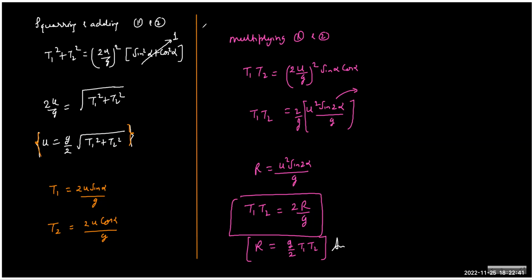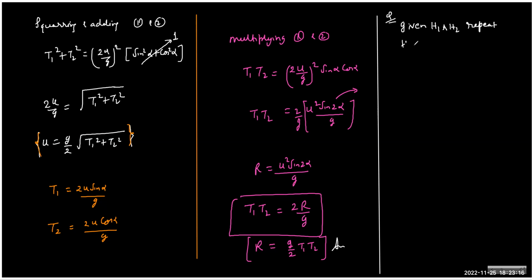I hope this is clear to all of you. If you have doubt, please do raise your hand. Yes, understood. So these are the manipulations which you have to figure out on your own most of the time. And if you have really understood this part, the next part I believe that all of you should be able to do. So given H1 and H2, repeat the previous problem.